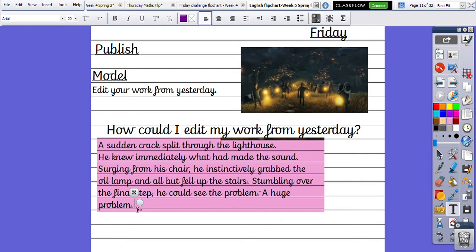before I begin today, a huge problem. Before him, the light lay in pieces, shattered pieces. So I'm using a short sentence again.